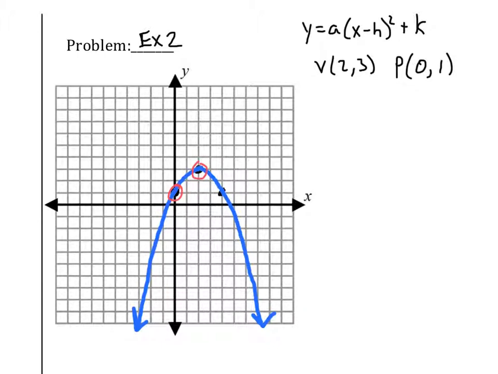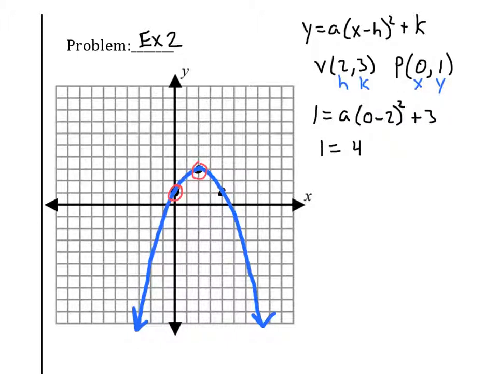All right, we take those values. We plug in the vertex for h and k. We plug in the point for x and y, and we're then going to be able to solve for a. So 1 equals a times 0 minus 2 squared plus 3. Well, 0 minus 2 is negative 2. What's negative 2 squared?